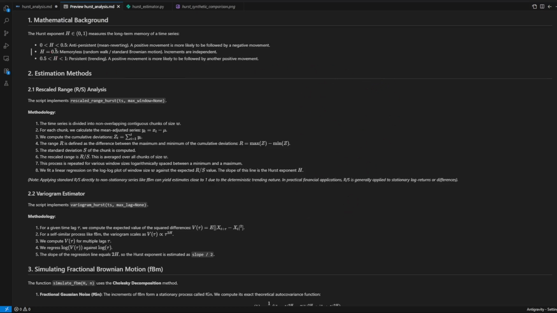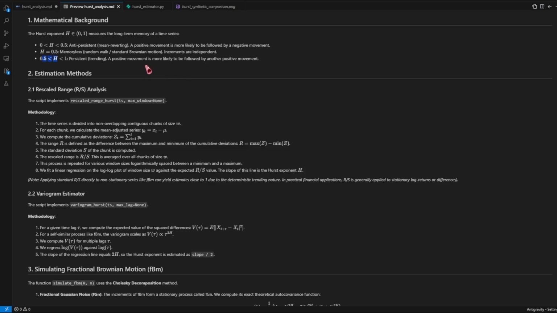If it's 0.5, the process is memoryless, or a standard Brownian motion. If it's higher than 0.5, it's considered persistent, or we can see a trend.